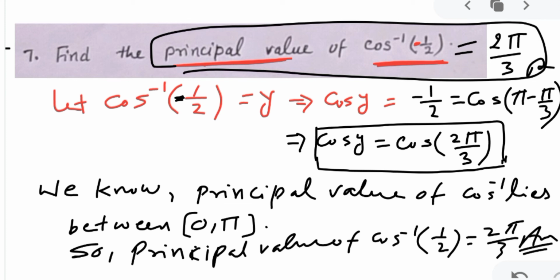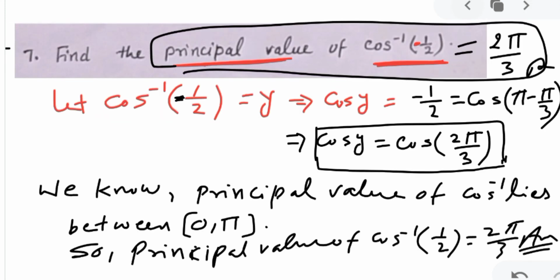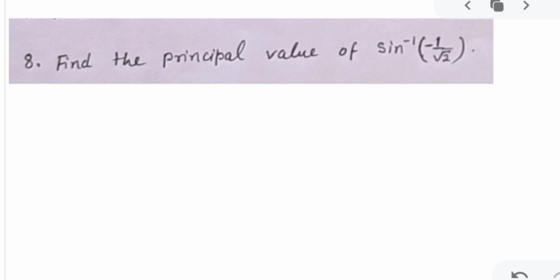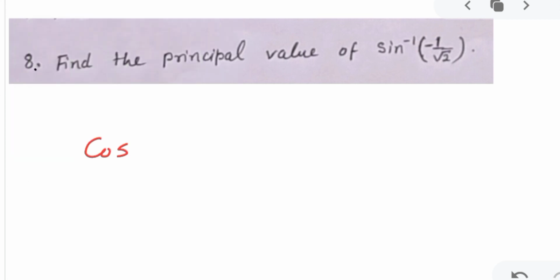What is the concept here? There is one concept I will discuss here, then I will come to question number 8. The concept is that the principal value of cos inverse x will lie between 0 to pi. This you have to remember.